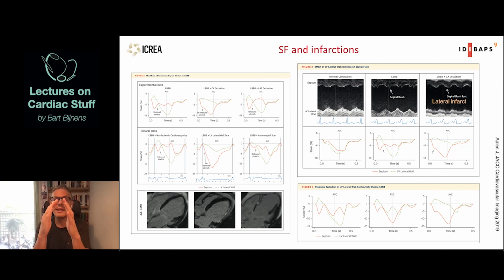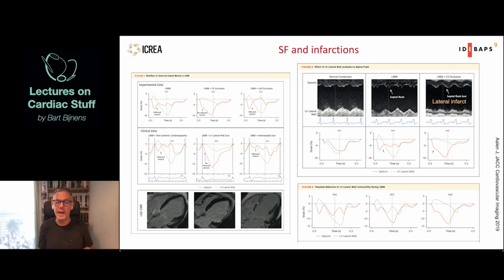Of course, this septal flash and this kind of early stretching and interaction assume that you have normal tissue, that the septum is normal and can contract and develop force, and the lateral wall is normal, can contract, develop force, and can be stretched also. That means it has to be kind of elastic.